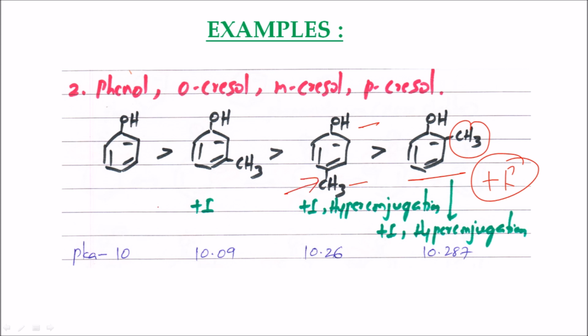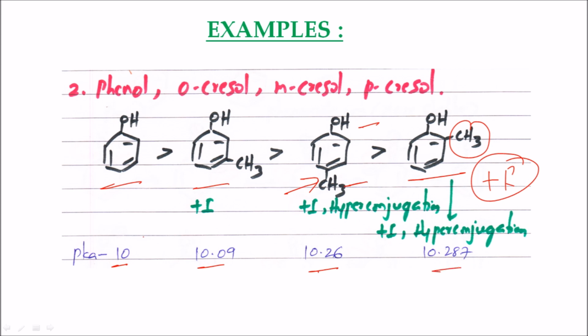Okay, so the right order will be: phenol is more acidic compared to metacresol, metacresol is more acidic compared to para, and para is more acidic compared to orthocresol. Right, you can just confirm the values there. 10 for phenol, then 10.09 for metacresol, paracresol has 10.26, then orthocresol has 10.287.